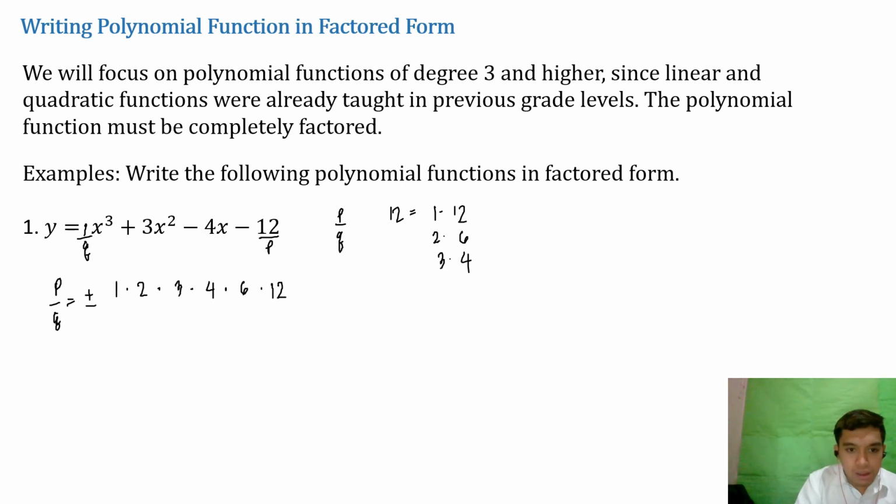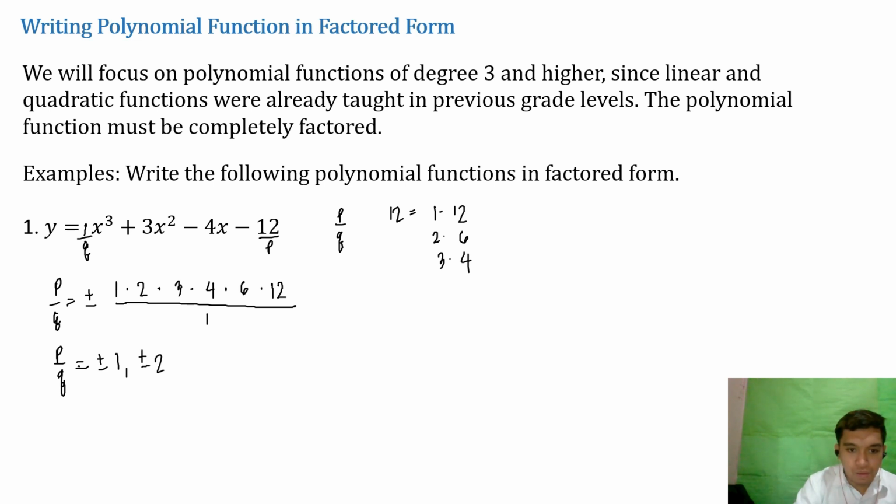So, since 1 naman yan, yung ating Q, so that is 1. So, 1 divided by 1 is, so the possible roots here are positive, negative 1, kasi 1 divided by 1 is 1.